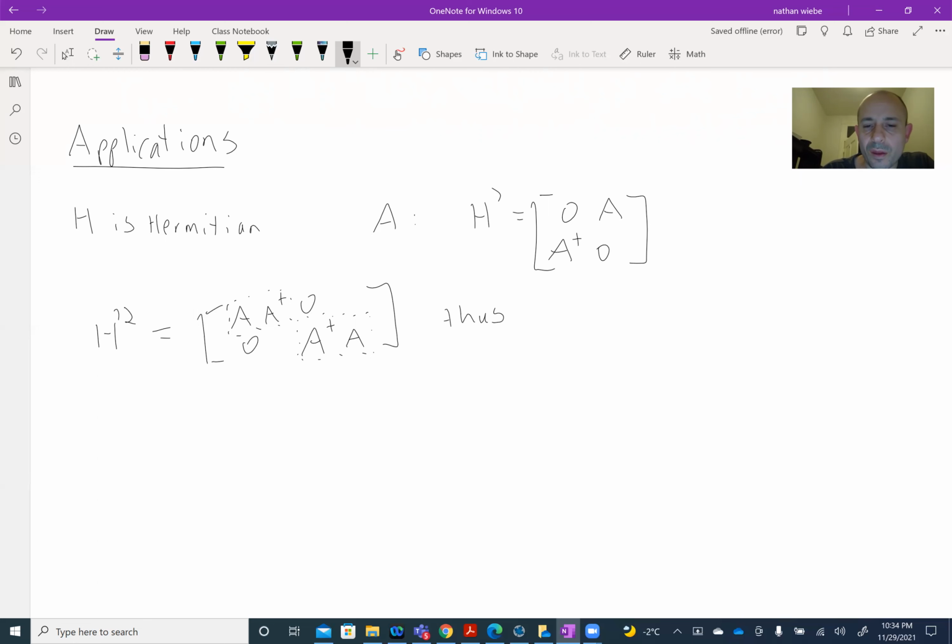Thus, the eigenvectors exist for this because this is a normal matrix, and the eigenvalues associated with those are just going to be the eigenvalues of A dagger A or A A dagger.